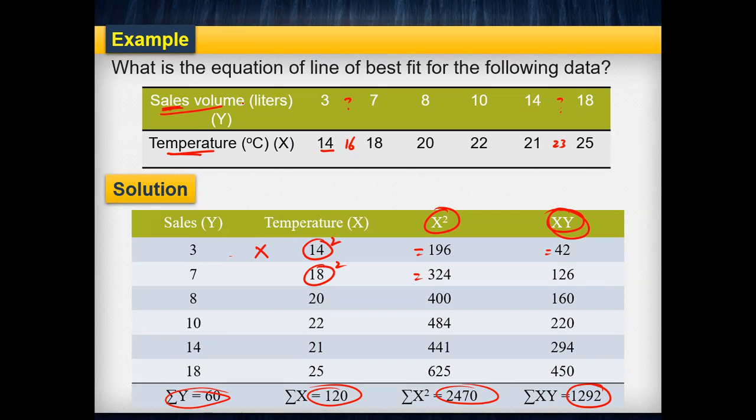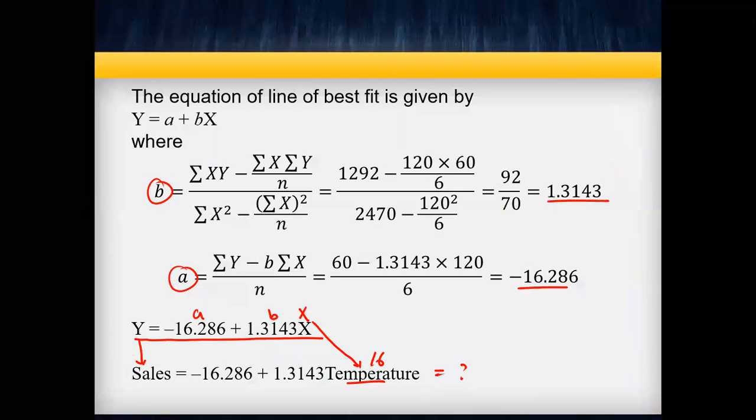So you have to look at the context of the question. Then you have to identify which variable will be considered as X and which as Y. If you consider temperature as Y and sales as X, the whole analysis will be wrong, because in the end you will put temperature here and sales there. This would mean you calculate the temperature if you know the sale.